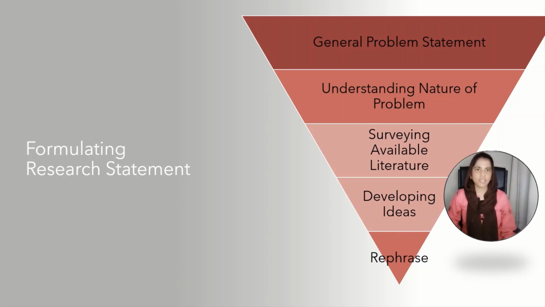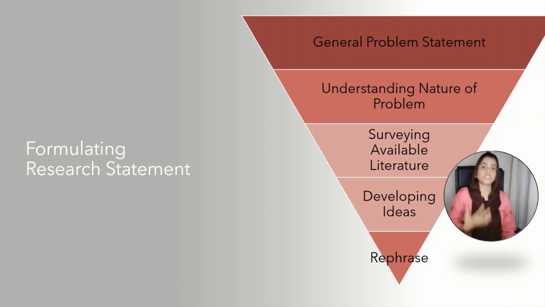Once you are done deciding the nature of your study, the next step is to see what others have done in that domain. This is really important with regard to novelty of your work. The more detailed the literature search, the more novel the research design you're going to make. So it's the rule of thumb. And seeing what others have already done, you move on to the next step.